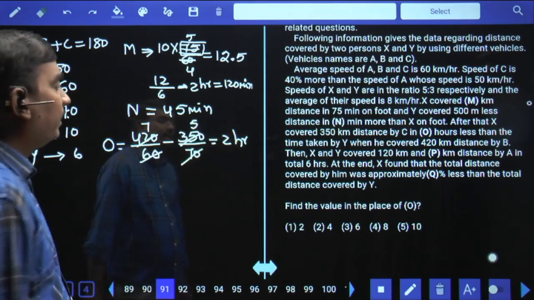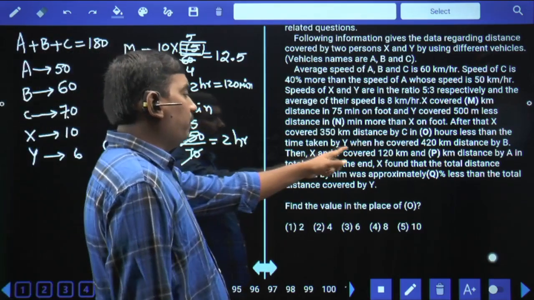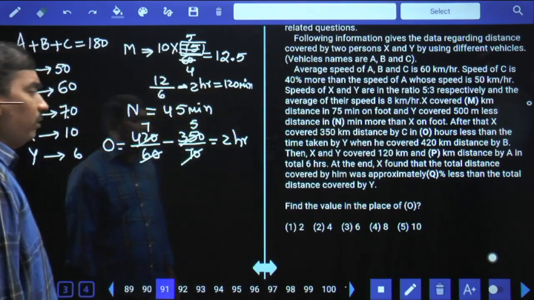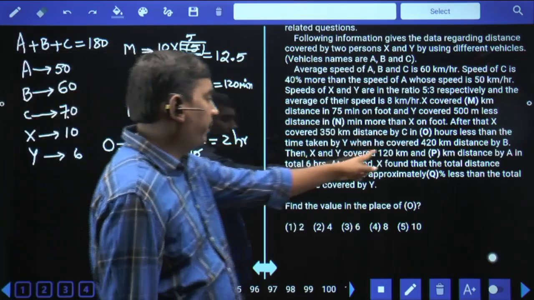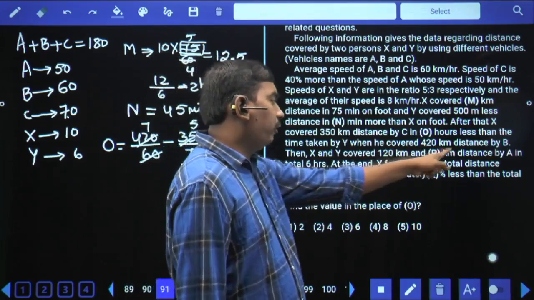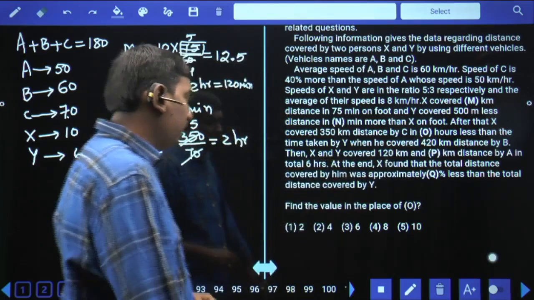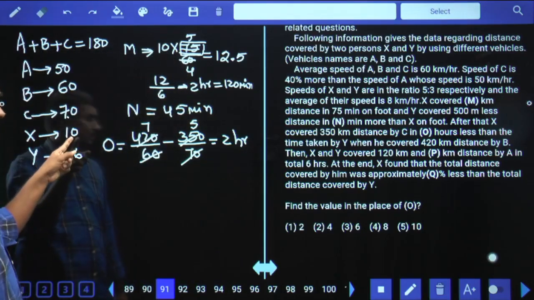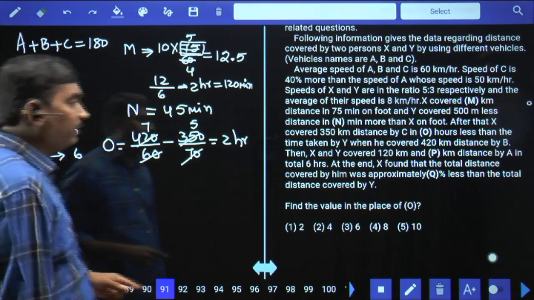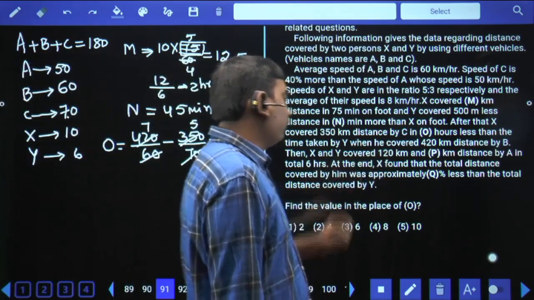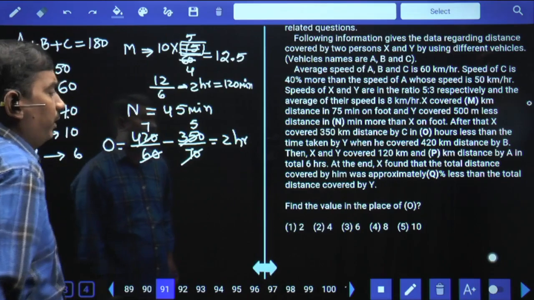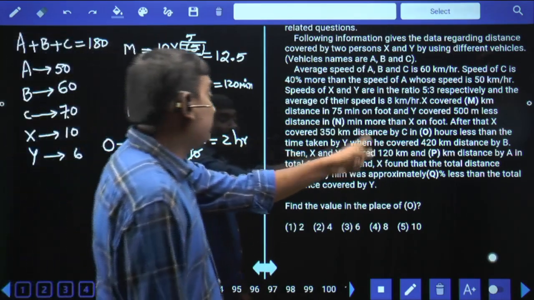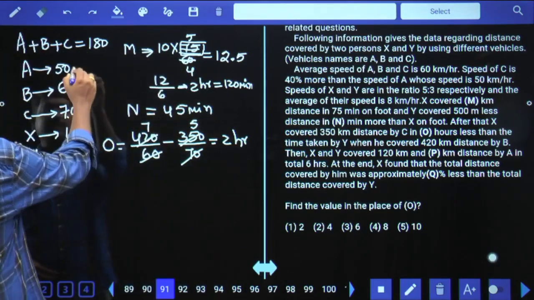Next, X and Y covered 120 kilometers and P kilometers distance by A in total 6 hours. X covered 120 kilometers, Y covered P kilometers by A. X speed is 10 and A speed is 50.